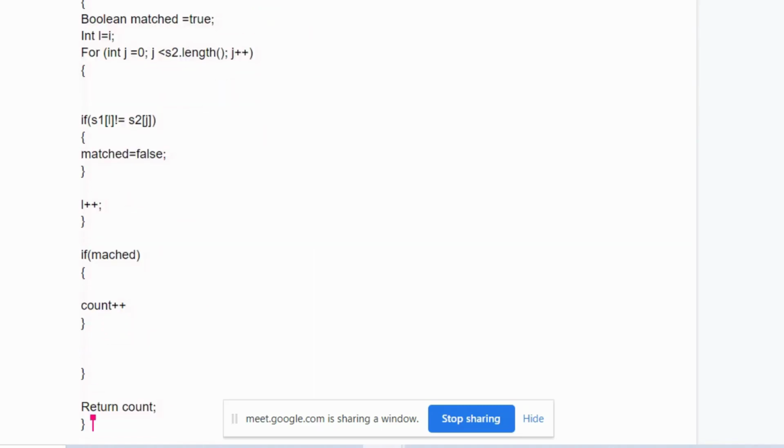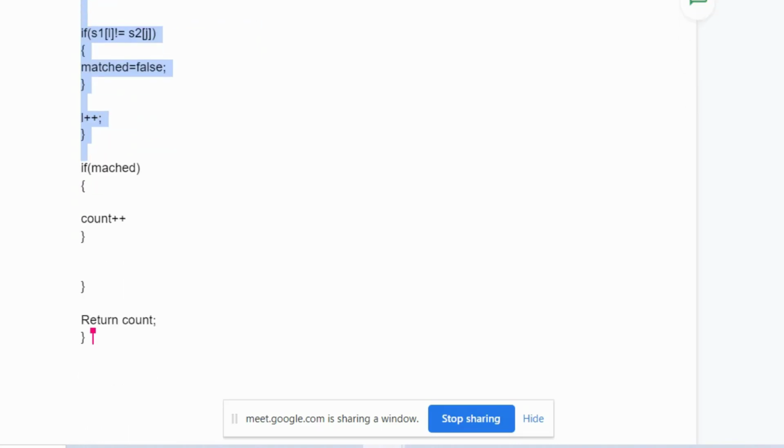Just tell me how it will return two. The thing is that we have started from zero, and we have taken the initialization of each element from where to start comparison. The for loop is doing the main logic for the comparison. The I tells from where to start comparison, and it's not till the end, it just compares to the length of S2.